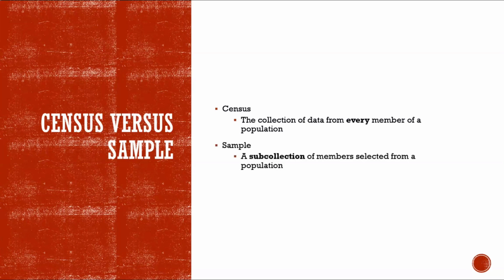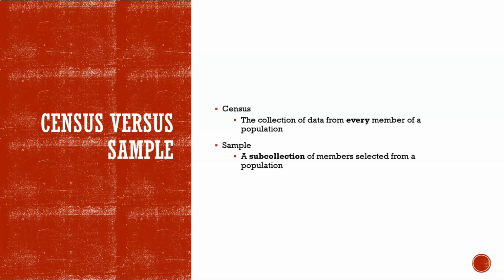A sample is much more typically collected. It is a sub-collection of some of the members. So when they call you and ask who you are voting for in the upcoming election, we have a presidential election this year, that is a sample. But they're more interested in what the whole population is going to do.